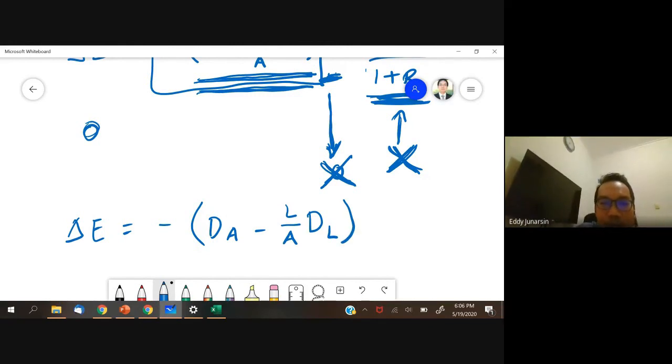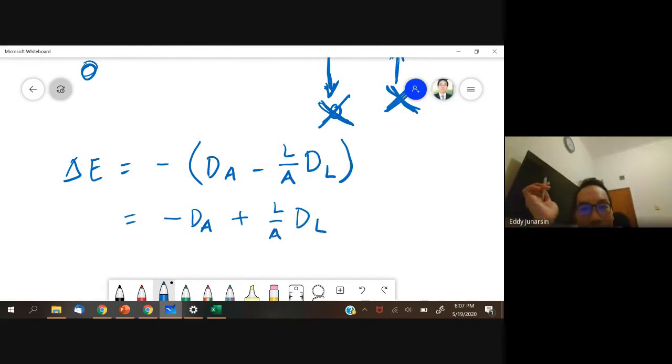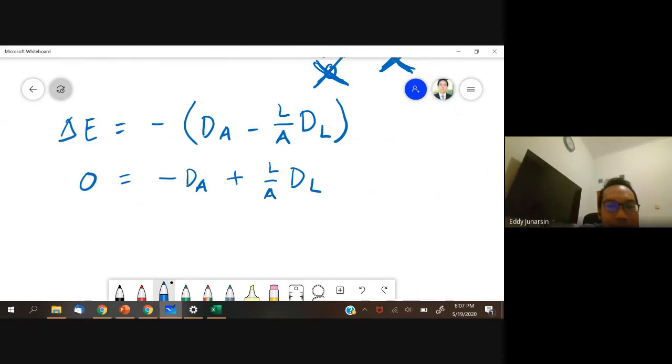So to make it 0, we move it there. So duration of assets should equal duration of liabilities multiplied by its debt ratio.